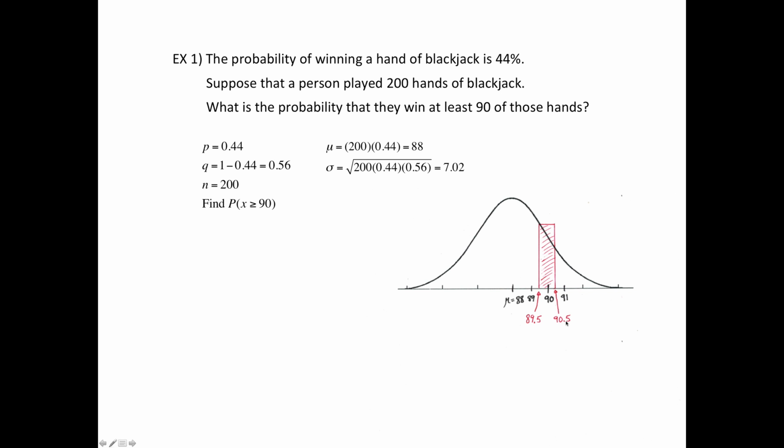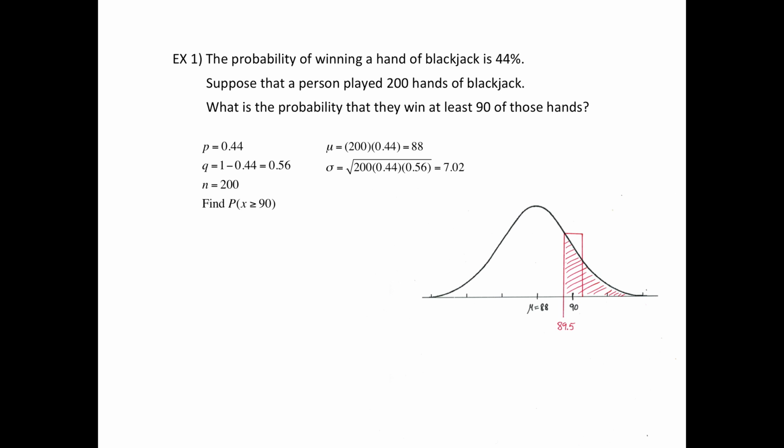In this case, which one should we use, 89.5 or 90.5? It's going to be 89.5 because when it says at least 90, we need to include the 90. So you have to start just a little bit to the left of it and then shade all the way to the right. That way we will include this bar for the 90th win at blackjack.